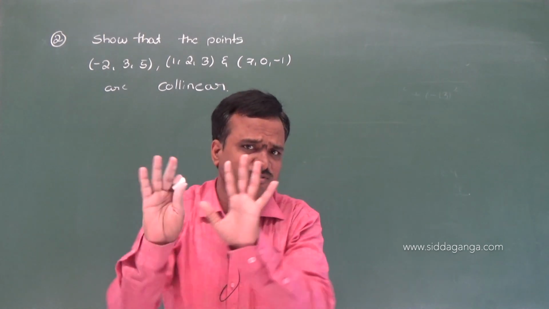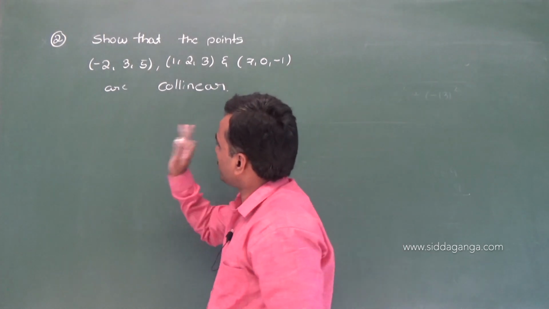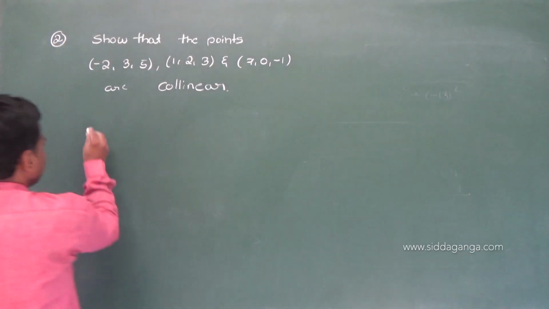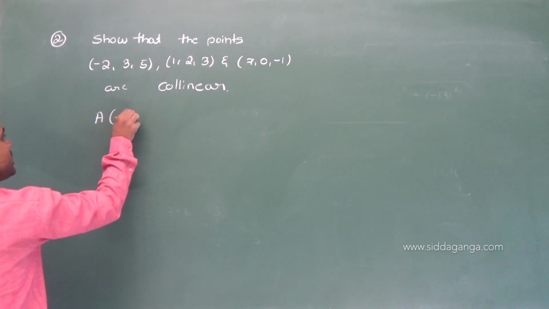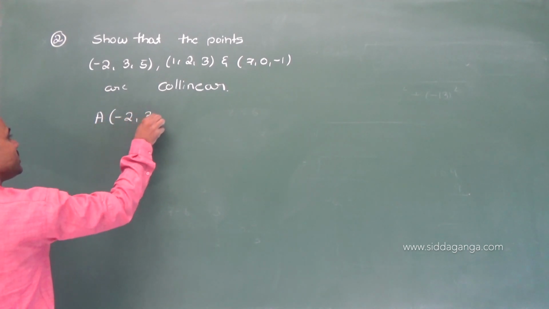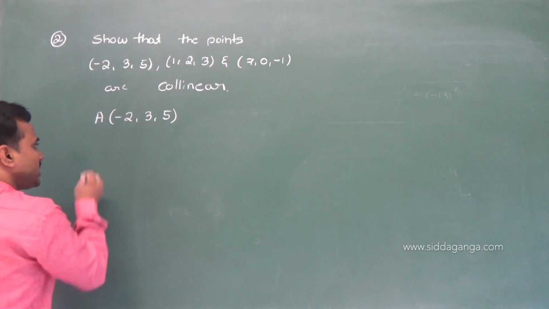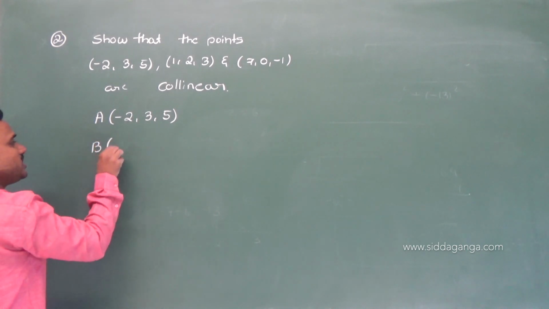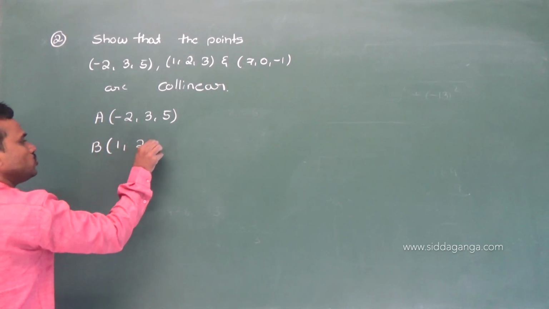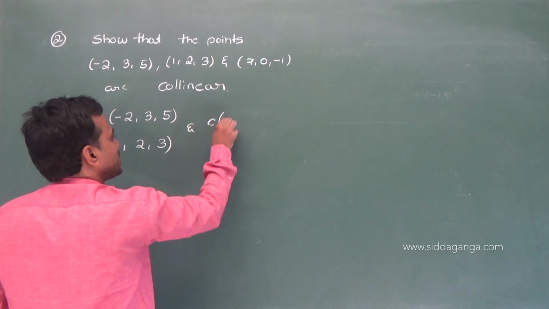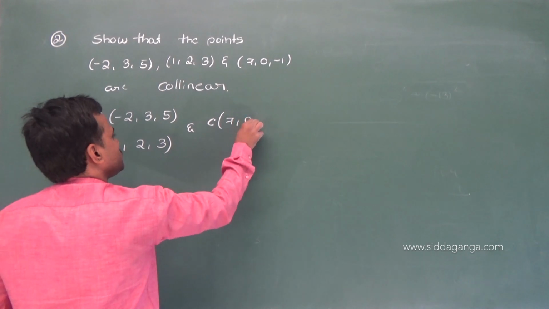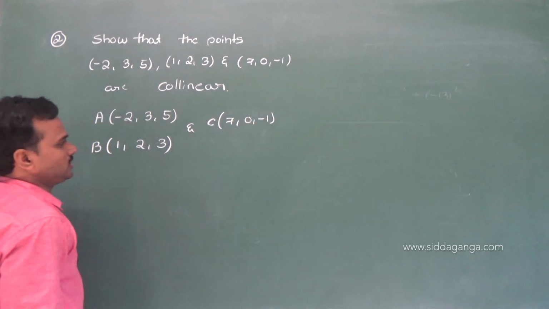The same concept we follow. The first point we treated as A of (-2, 3, 5), second point as B of (1, 2, 3), and third point as C of (7, 0, -1).